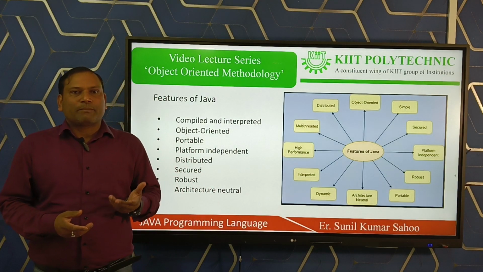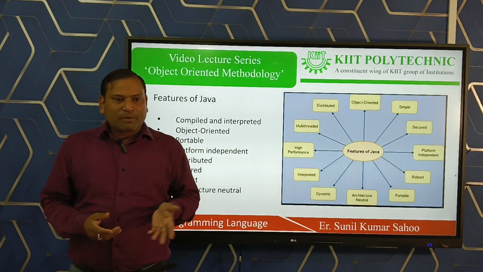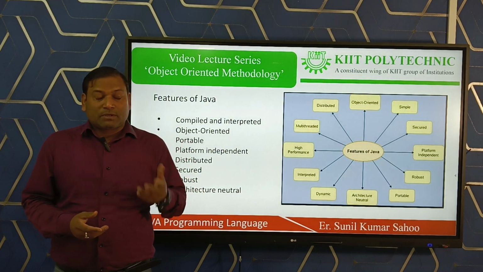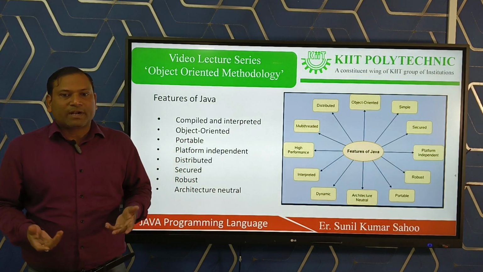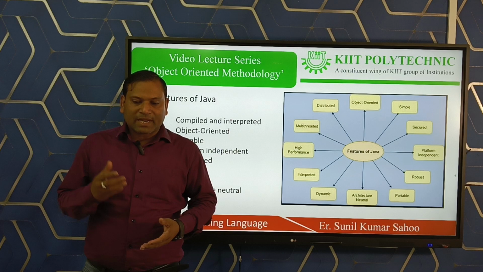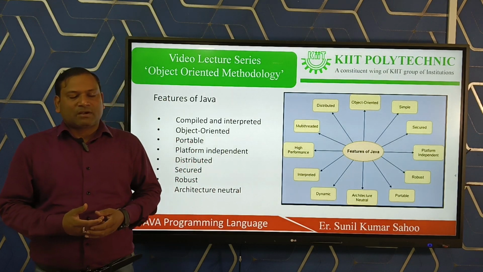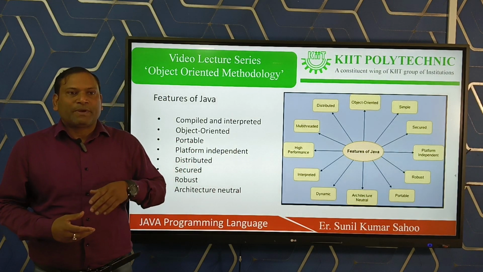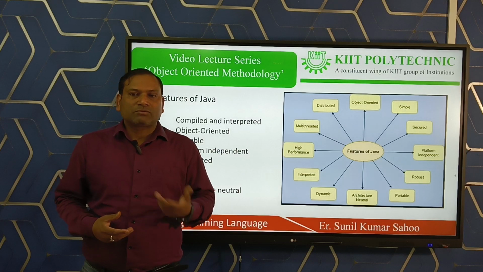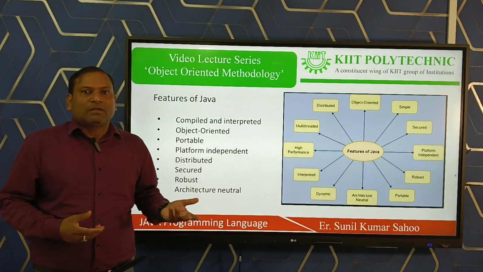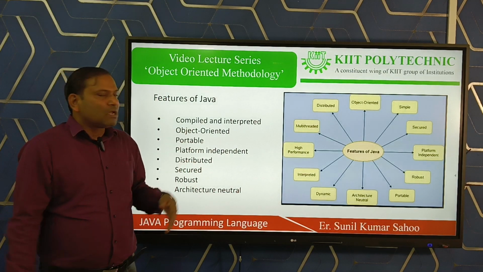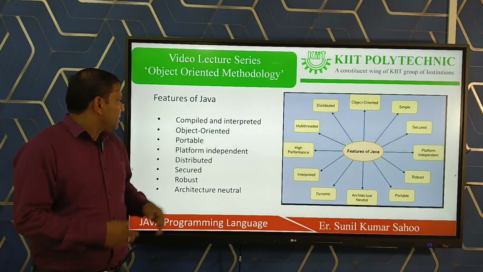After that we get the bytecode. Then the bytecode is interpreted by the interpreter. Then we get the machine instructions. After that the machine can understand the code, and the machine also produces results for the user. So that's why it is known as compiled and interpreted.